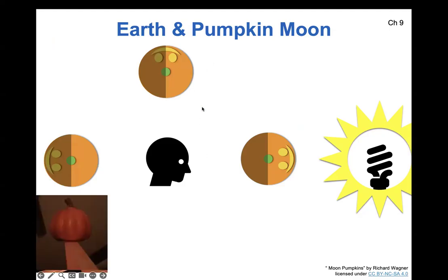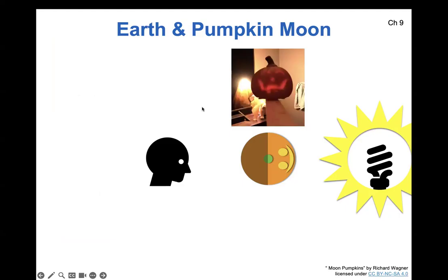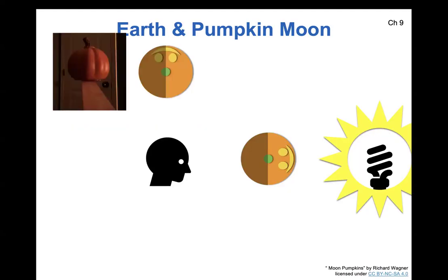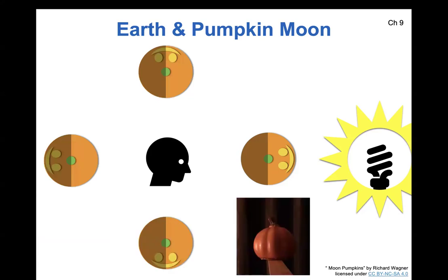You can show tidal locking by kind of, you know, using a pumpkin for the moon, right? The slides really like to compare the moon to a pumpkin. You hold it out in front of you with a light source, and then you just rotate it around so that it always faces you. And how do you do that?